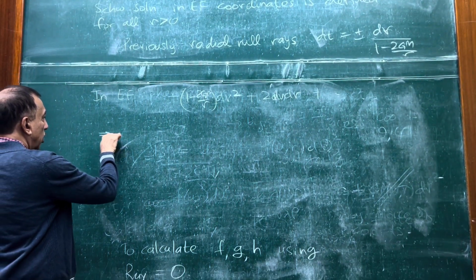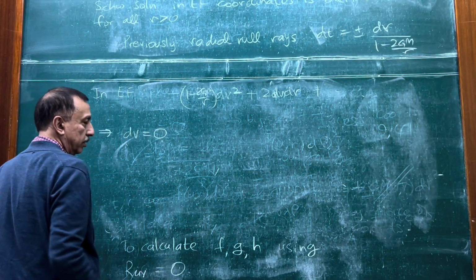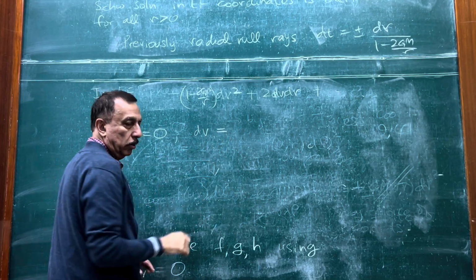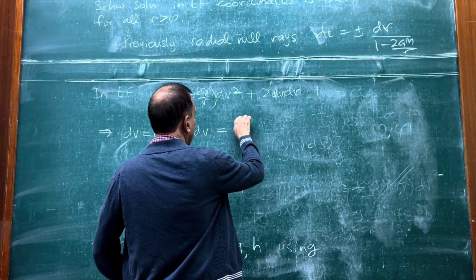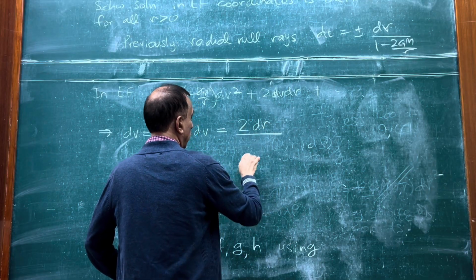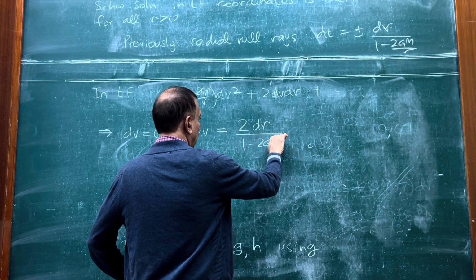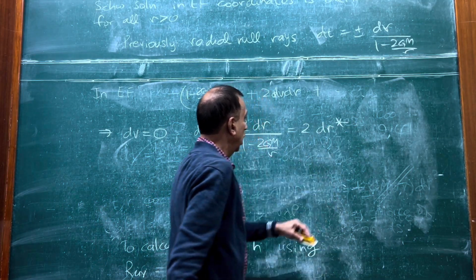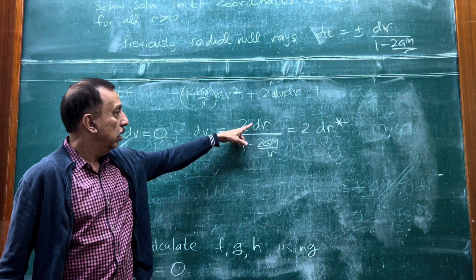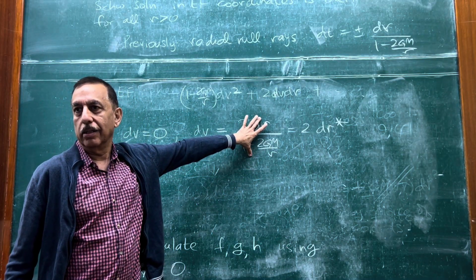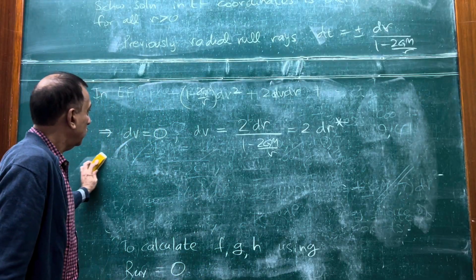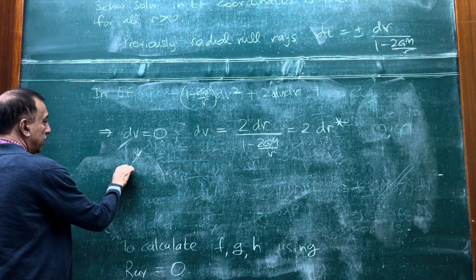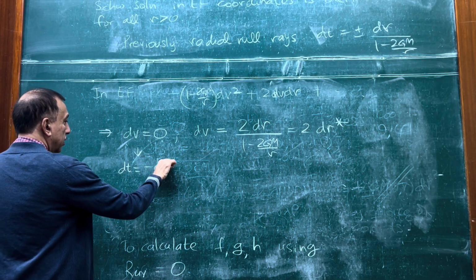So the two solutions are obviously, one of them is just dv equals 0, and the other is dv equals 2dr upon (1 minus 2GM/r), and this is the same as 2dr*. If you remember, we integrated this equation without the 2 to define r*. Okay. So this one means that dt is equal to minus dr*.